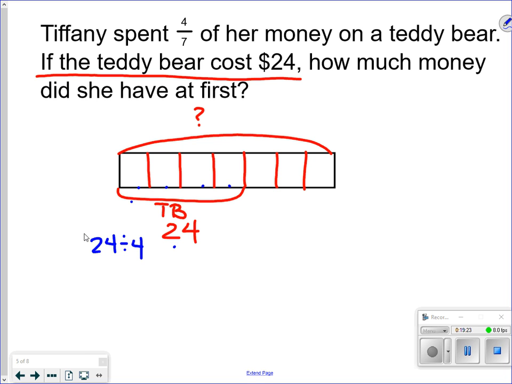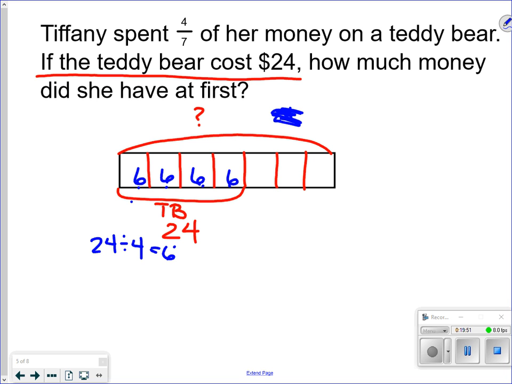You would only do 24 divided by 7 if 24 were up here and you were trying to figure out each one. 24 is not up here. So it's 24 divided by 4, and that gives you 6.